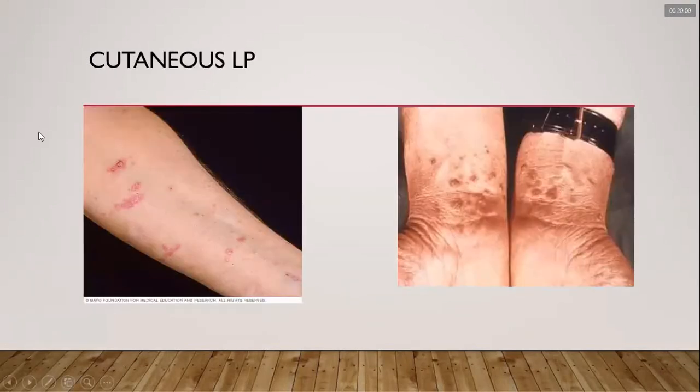Now let's see some of the pictures. This is a typical picture of lichen planus affecting the hands, the ventral part of the hands as well as the forearms. You can see multiple papules in a linear row, which has occurred as these lesions are very itchy and pruritic, and the patient goes on scratching, leading to the appearance of multiple papules in a line.